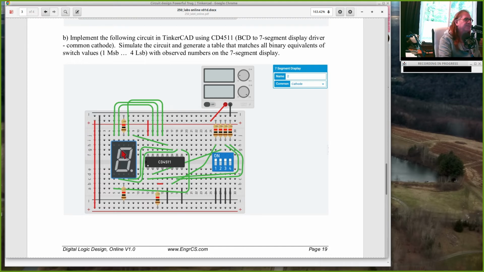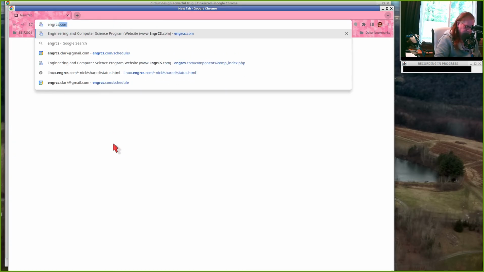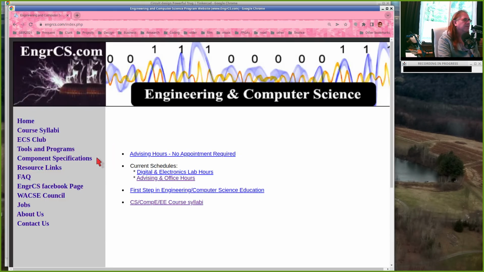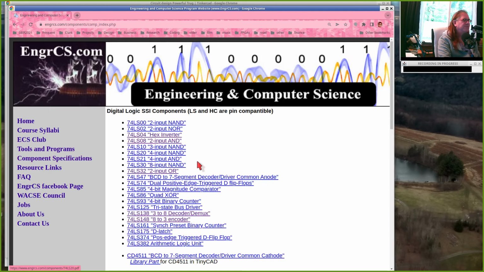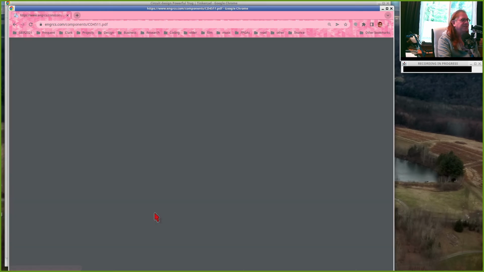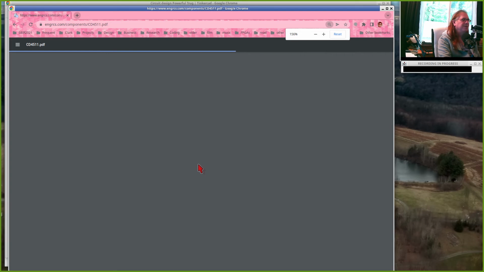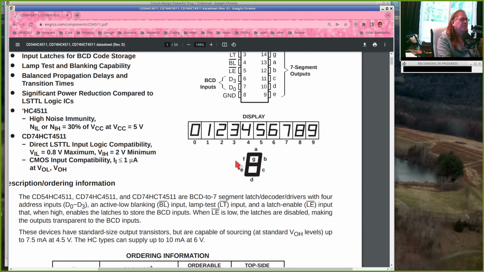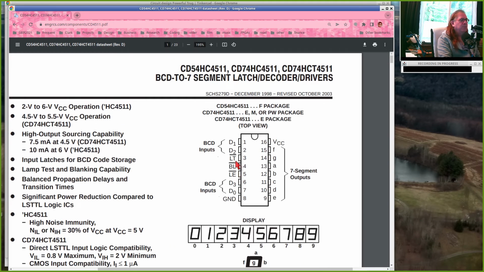And so if we go back to ENGR250.com, component specifications, and pull down the data sheet for the CD4511, what it does is it basically lets you specify 4 inputs, D0, 1, 2, and 3.